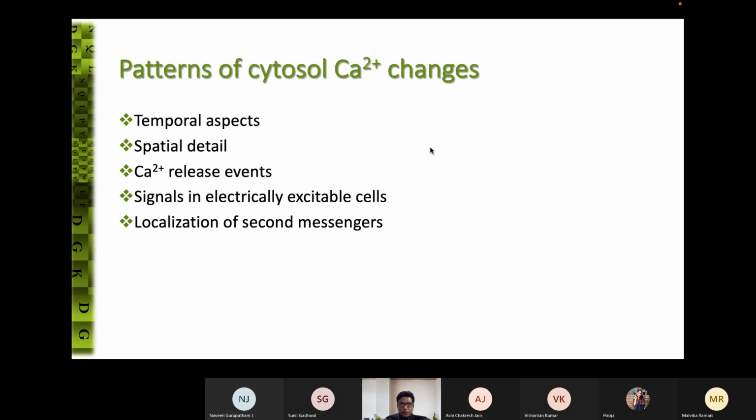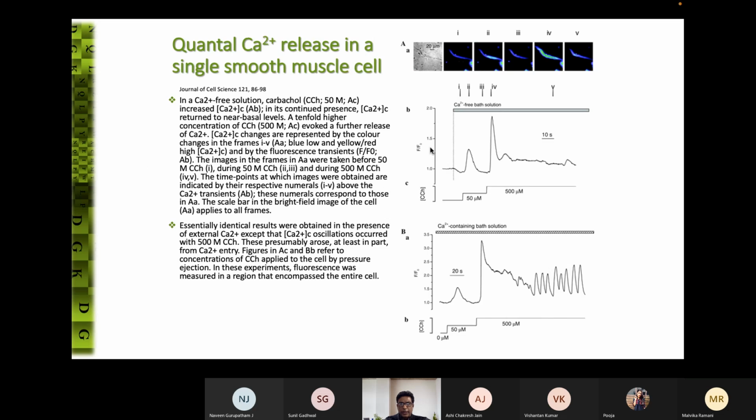Now, with that in mind, the question that people have been trying to understand, and this is where I was fumbling a bit yesterday, is how the calcium is actually getting released inside the cell.